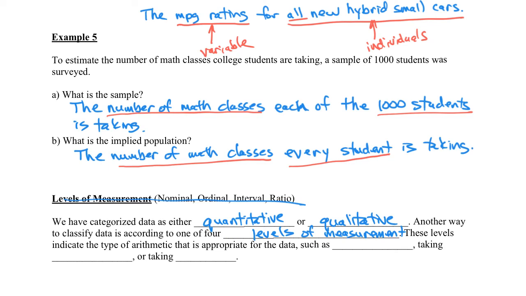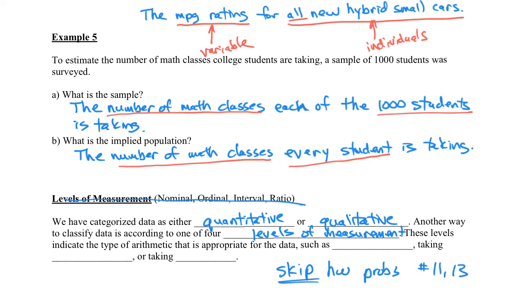So the sad news is the next page, we don't even need to look at. The next page deals with levels of measurement. Example 6 is levels of measurement. We're not going to cover it. And here's the really bad news. You're going to hate to see this, I know. Skip homework problems number 11 and number 13.